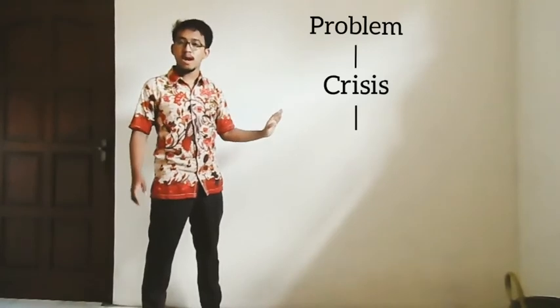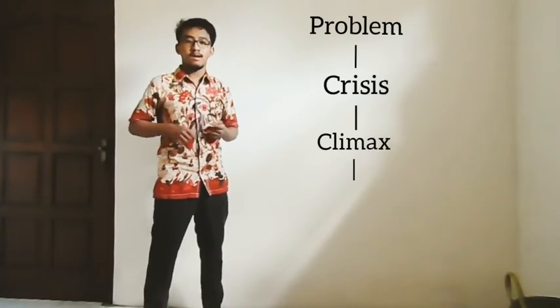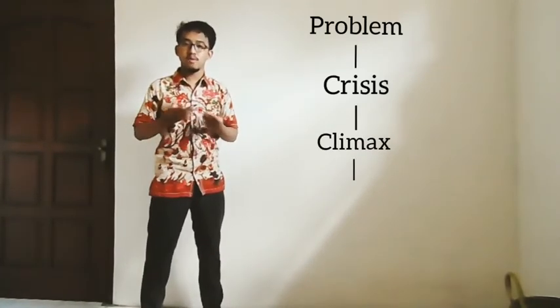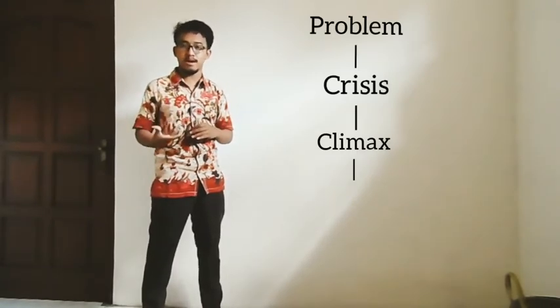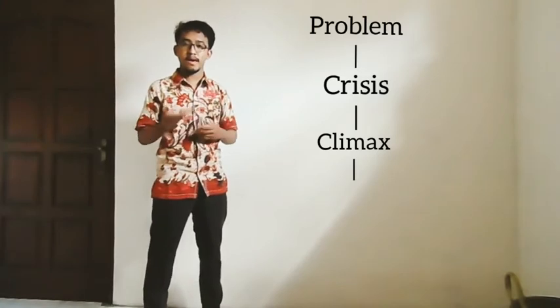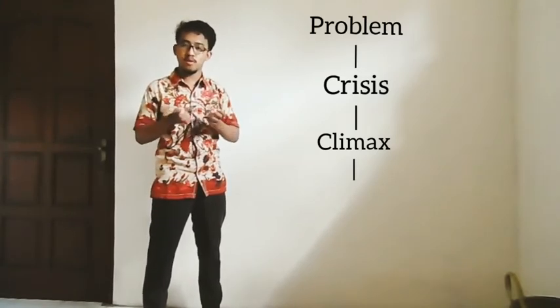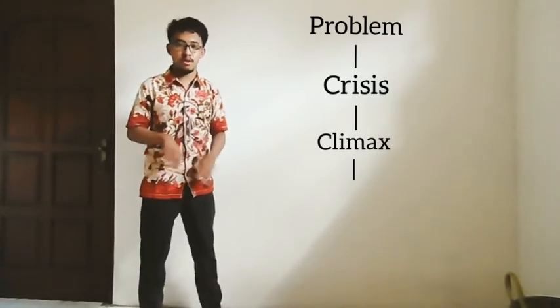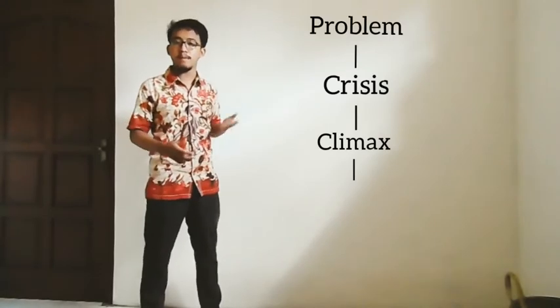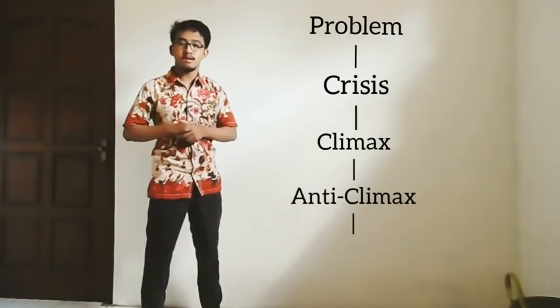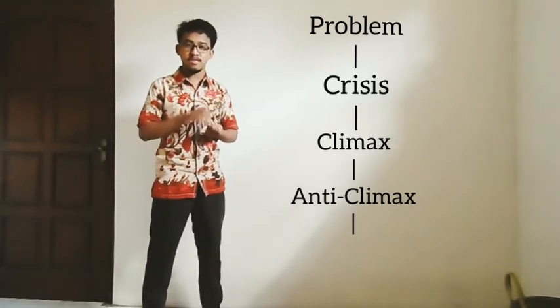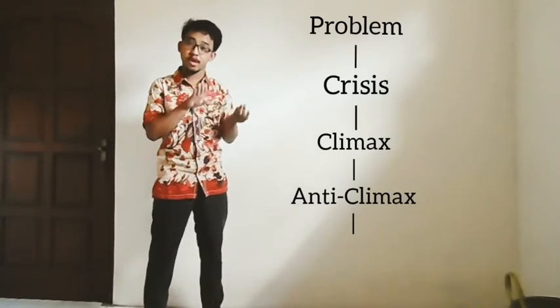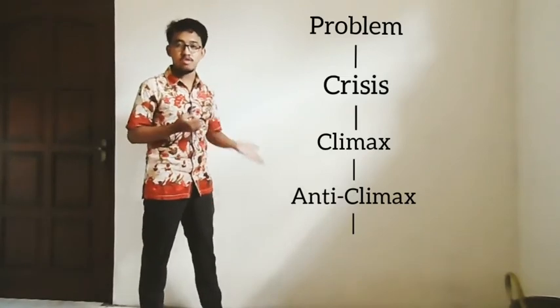Next, you will have the climax. In this climax, you will have the peak of the problem. It's the main conflict in the story. After the climax, you will have the anticlimax. In this anticlimax part, the tension of the story will begin to reduce, and the last will be the solution.